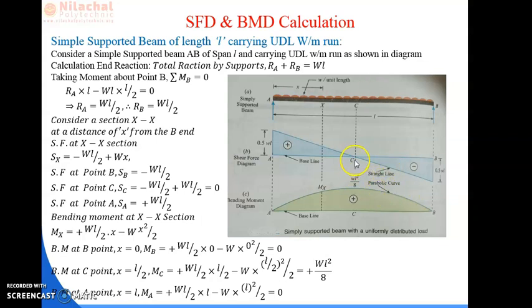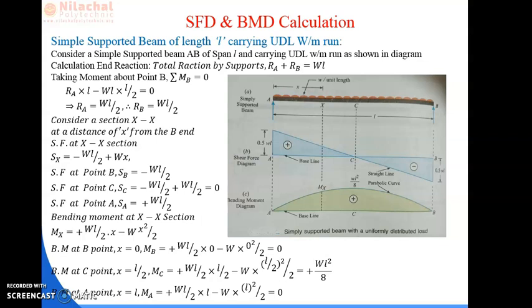So at the C point, we have obtained that the value of bending moment is WL square by 8. While solving problems related to a simply supported beam carrying a udl over its whole length, we have to use the formula for maximum bending moment, that is WL square by 8.